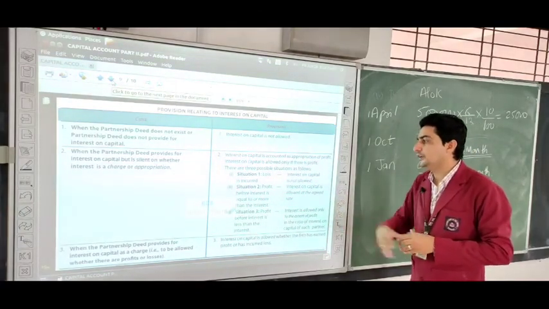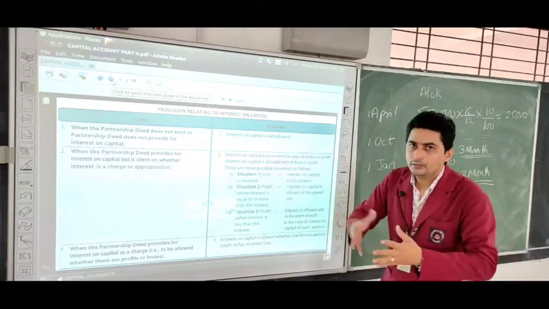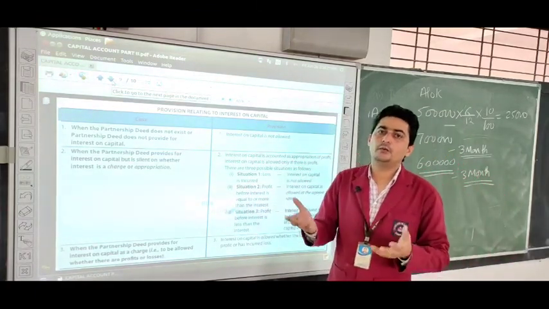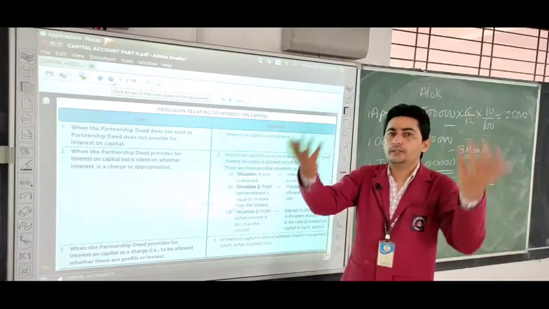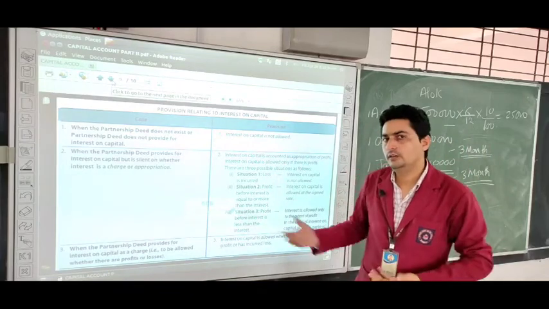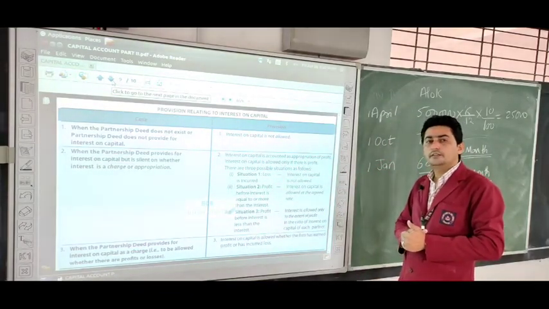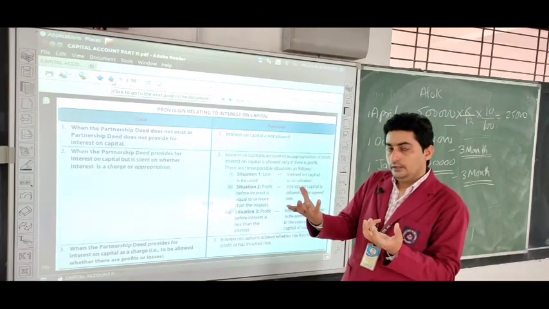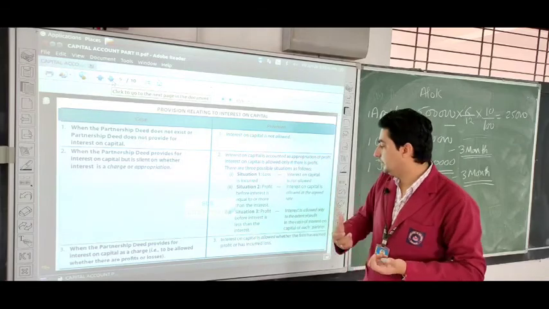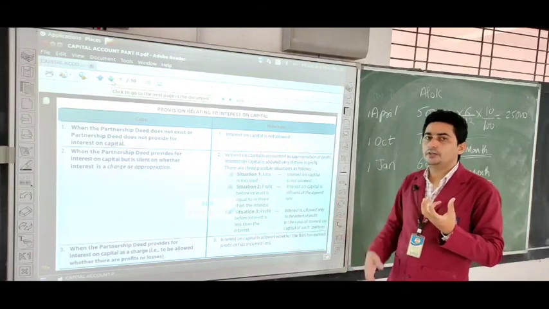If profit before interest is equal to or more than the interest, then we will give interest on capital. If interest on capital total amount is 10,000 and we have a profit of 10,000 or 15,000, more than 10,000, we will give it. Then if profit before interest is less than the interest, say the interest amount is 10,000 and profit is only 8,000, in this case we will give interest on capital, but we will divide that profit in the ratio of interest on capital.